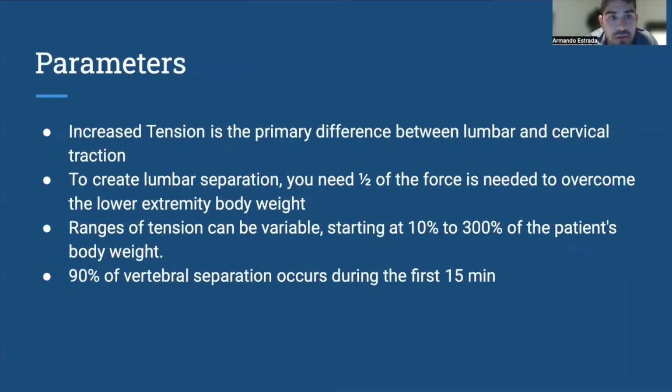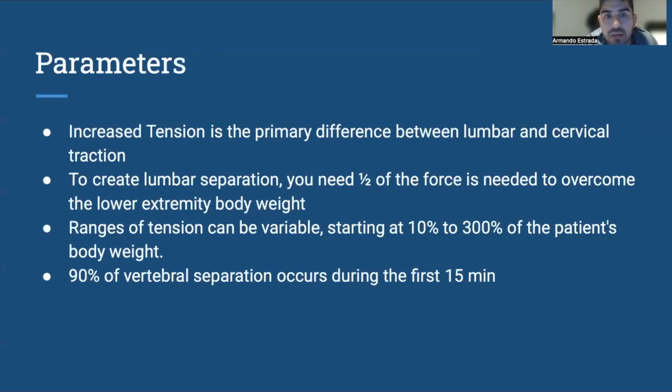Some of the parameters included in lumbar traction include tension. The increase of the tension is probably the primary difference between lumbar and cervical traction, because you don't really need a lot of tension for cervical traction, given the structure and how little force is needed, as opposed to lumbar traction, where you need a little more because of the weight of the lumbar spine compared to cervical.